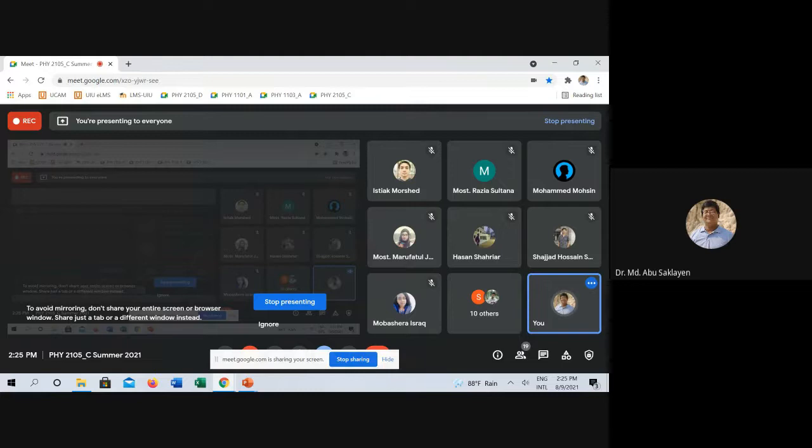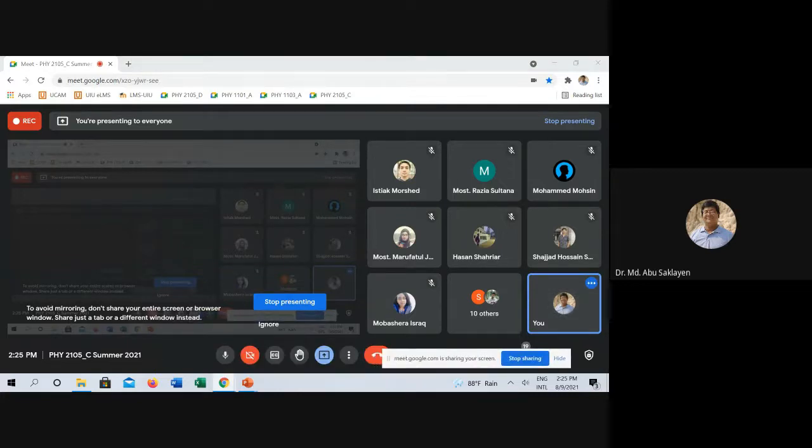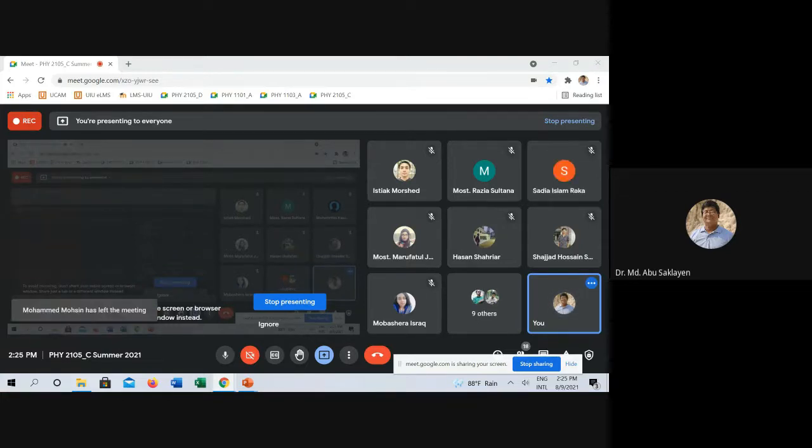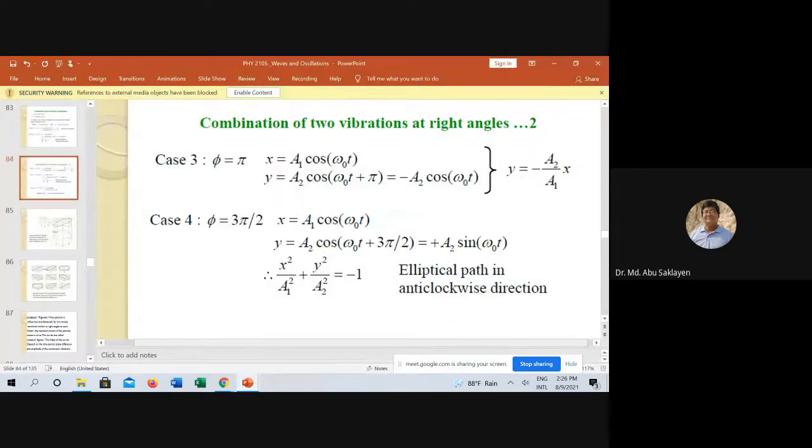The path of the particle is sometimes a straight line and sometimes a curve. So this path of the particle is known as Lissajous figure. So what is Lissajous figure?